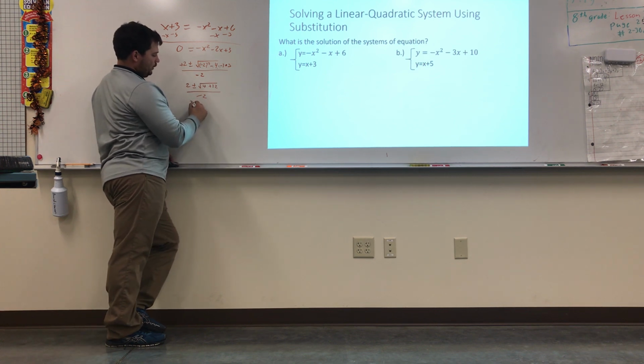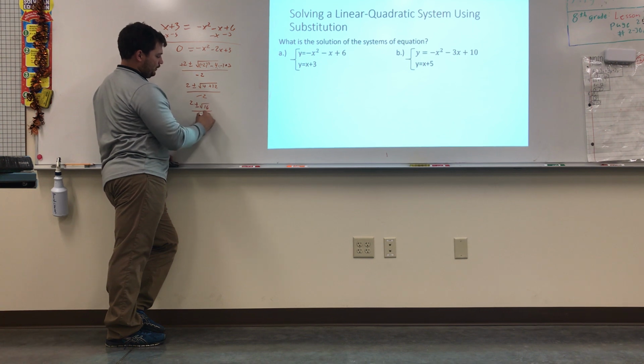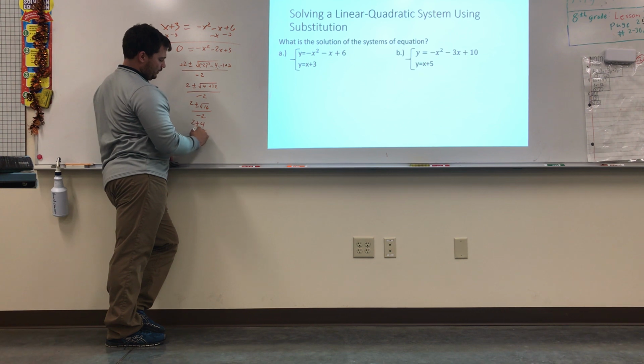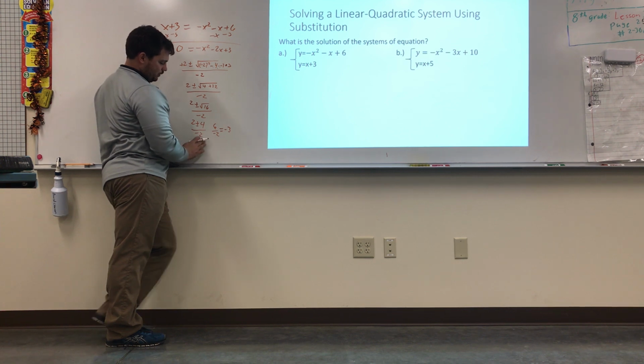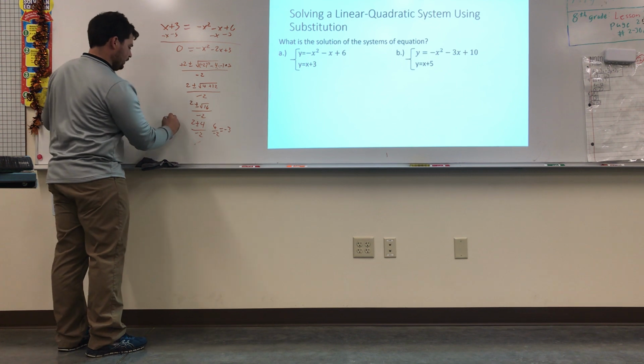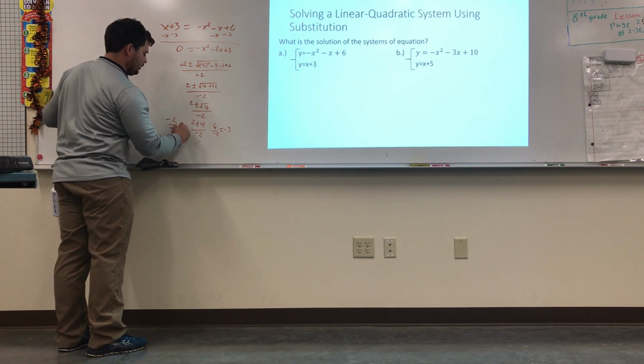So now we get 2 plus or minus the square root of 16 over negative 2. We have 2 plus or minus 4 over negative 2. That's going to give me 6 over negative 2 if I add them, which would get me negative 3. If I subtract them, I'm going to get negative 2 over negative 2, which equals 1.